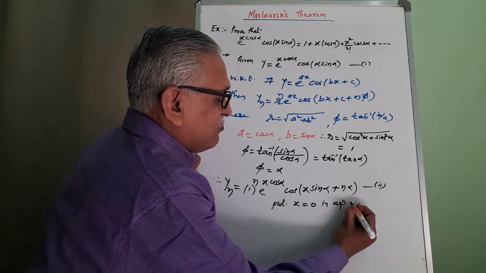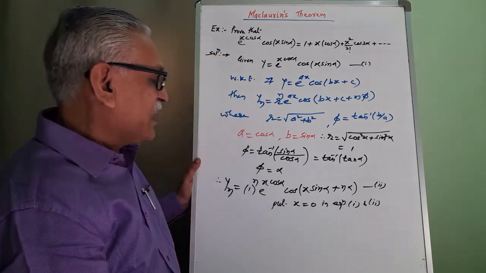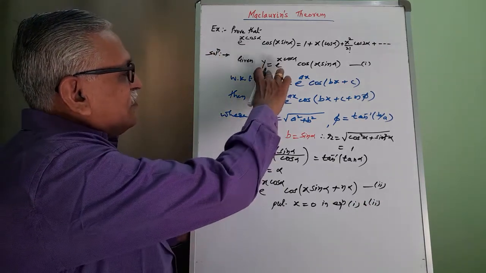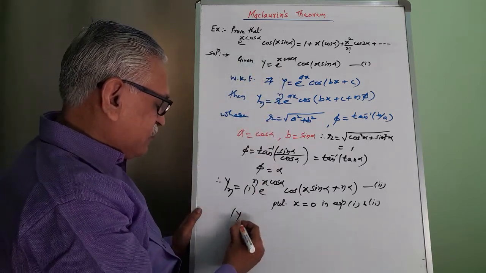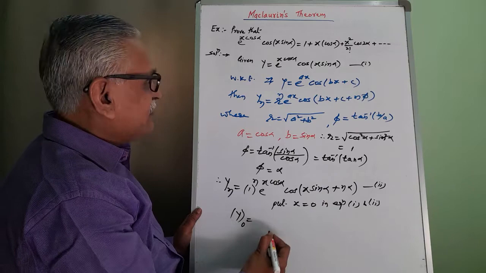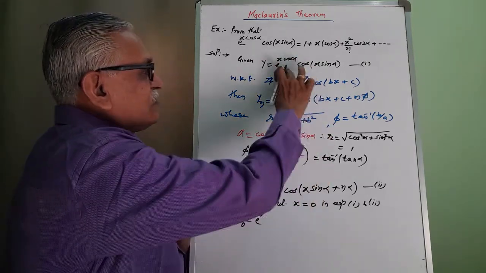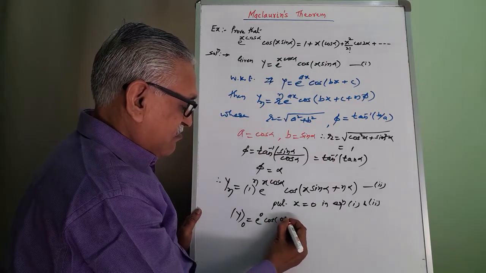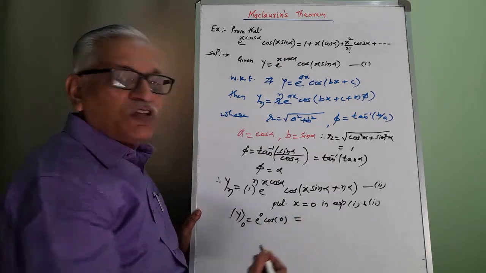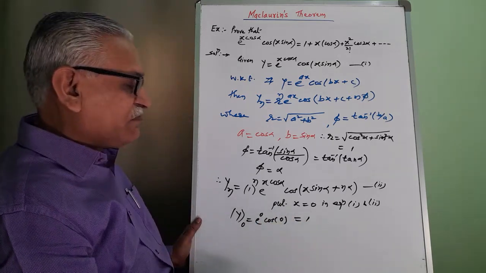In 1 and 2, if we put x equal to 0, we get the value of y at 0 as e raised to 0 and cos of 0. Cos 0 is 1, e raised to 0 is also 1, 1 into 1 is 1.